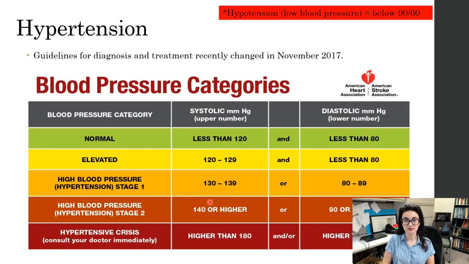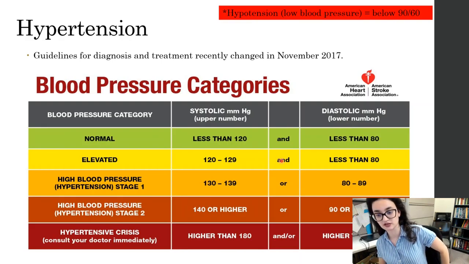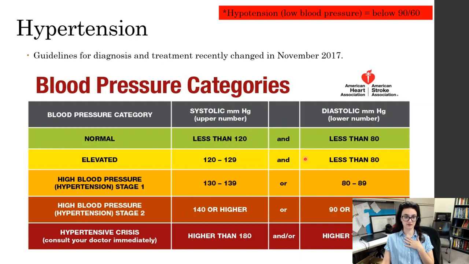Okay, let's talk about hypertension and hypotension. So blood pressure, if it's normal, typically you have a systolic of less than 120 and a diastolic of less than 80, right? If any of those numbers are greater, then you may be considered elevated.